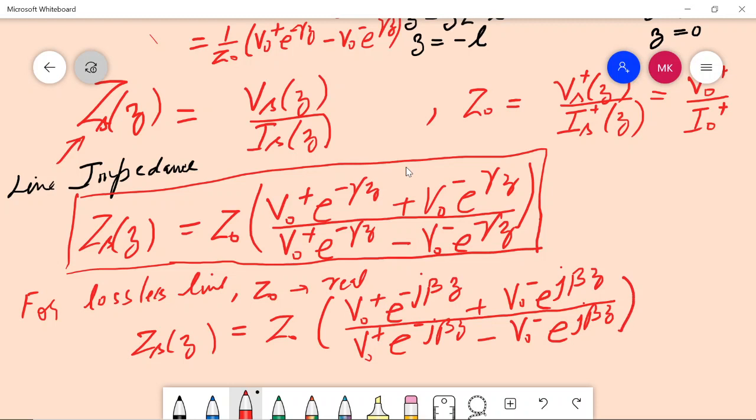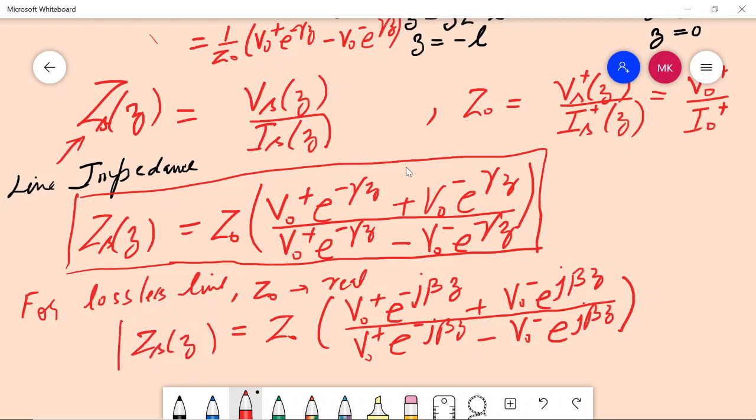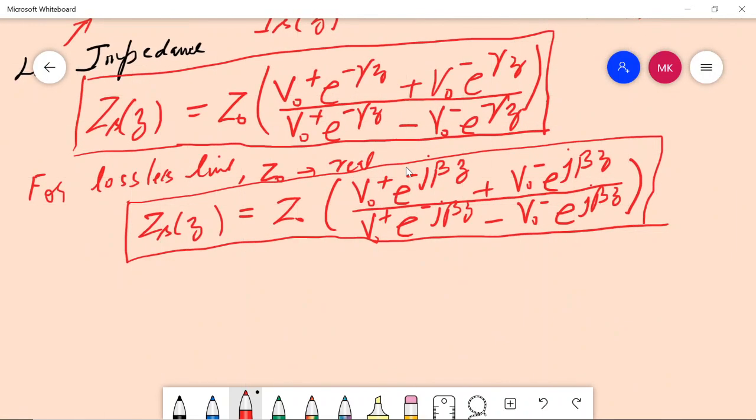So this is the expression for the lossless line impedance. Gamma will only become minus j beta or plus j beta; alpha will be 0. So this is the line impedance.